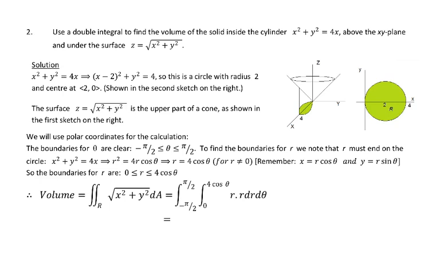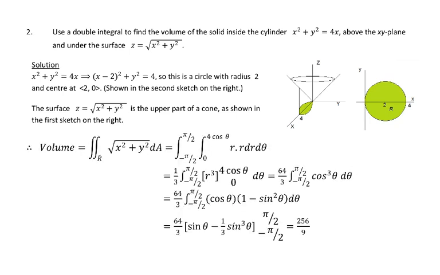We've also calculated the boundaries for r and theta, so we can translate this to the integral from negative pi over 2 to pi over 2, those are the boundaries for theta, and the boundaries for r from 0 to 4 cos theta. The root of x squared plus y squared is r, and we also add another r, which is the Jacobian. You can check the various steps of the integration on your own.